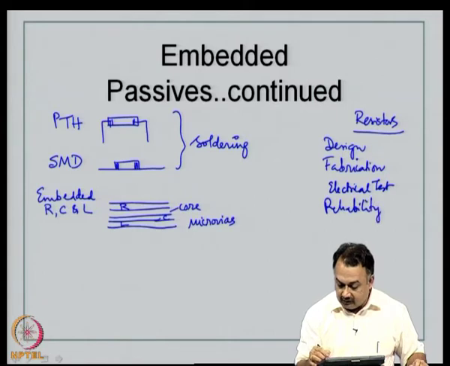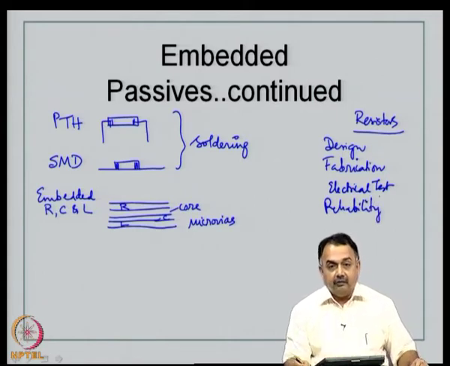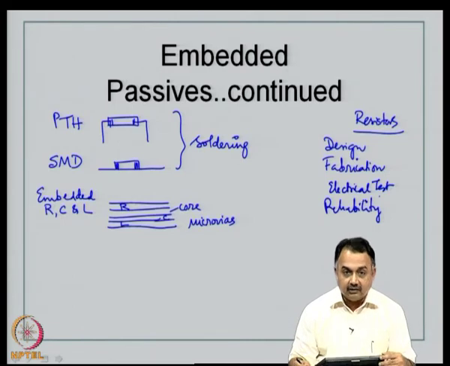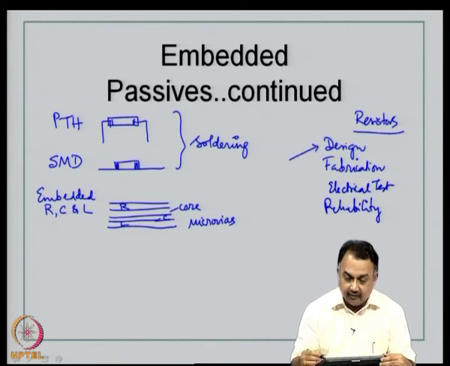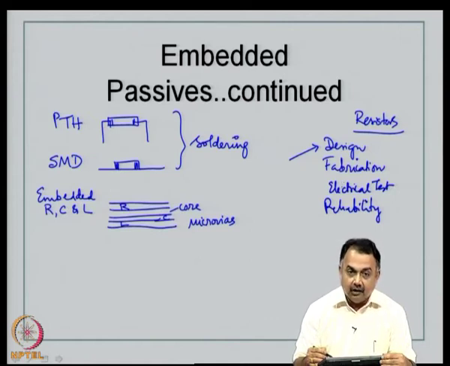So, in terms of resistors and capacitors, we are going to see embedded capacitors in a bit from now. What we have seen in the last lecture is the design library for resistors, how the resistor patterns are generated, how you can create them and maintain your own library in your CAD system.